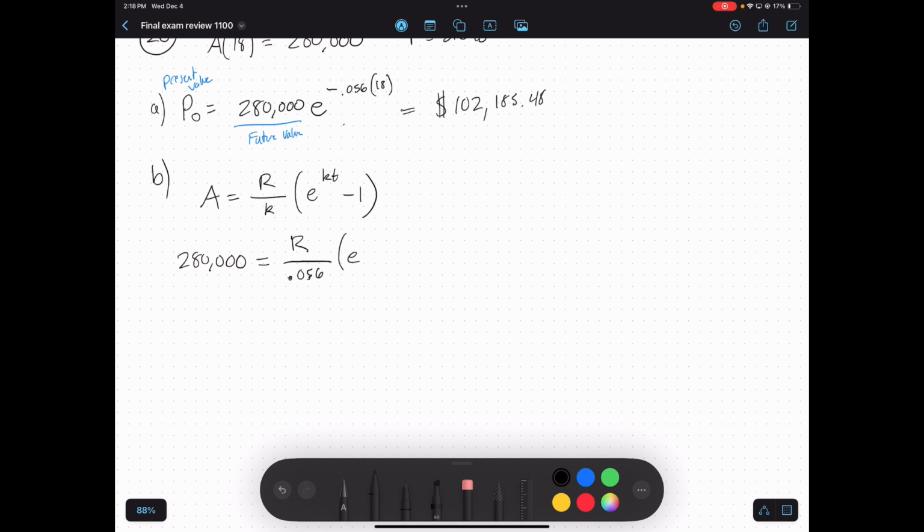And then this is multiplied by e to the 0.056 times 18 minus 1. And then you can solve for R. You should end up with $9,010.90. Okay. Very nice. Any questions about continuous income streams?